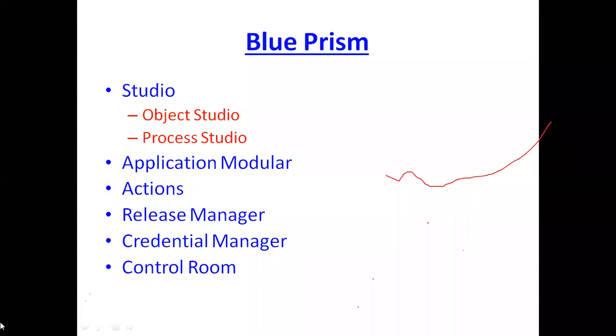Now, these are all examples we have seen so far. The Blue Prism syllabus mainly stands on around 6 parts. One is Object Studio, which is used to build the objects, the business objects. Process Studio is used to build the processes. One process is nothing but a group of objects.